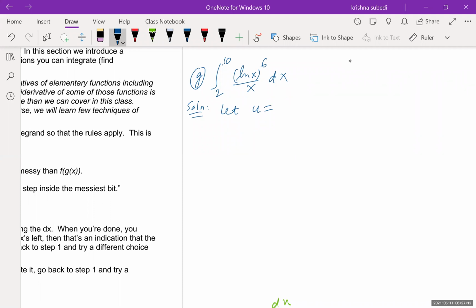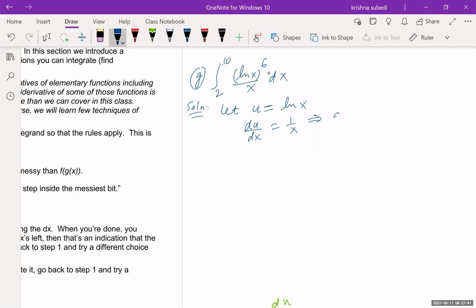That's very important. In this case, I think you have an idea by this time that u is ln x. Yes. Okay, u is the natural logarithm of x. So now you find the derivative, du over dx is 1 over x. Okay. Now either solve for x du or solve for dx, doesn't matter.